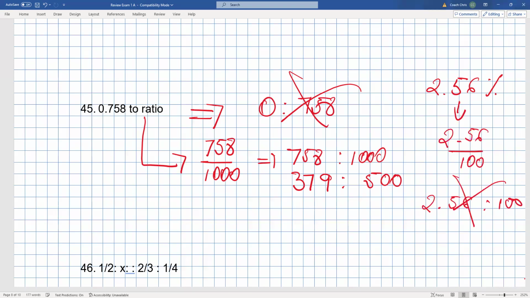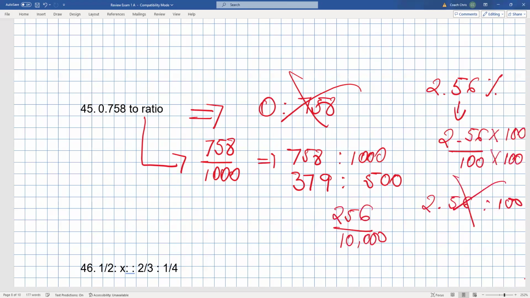You have to cancel that decimal number. How do you do that? Since I have 2 numbers after the decimal, I will multiply the top number by 100 and I multiply the bottom number by 100. Once you do that, now you're going to have 256 over 10,000.